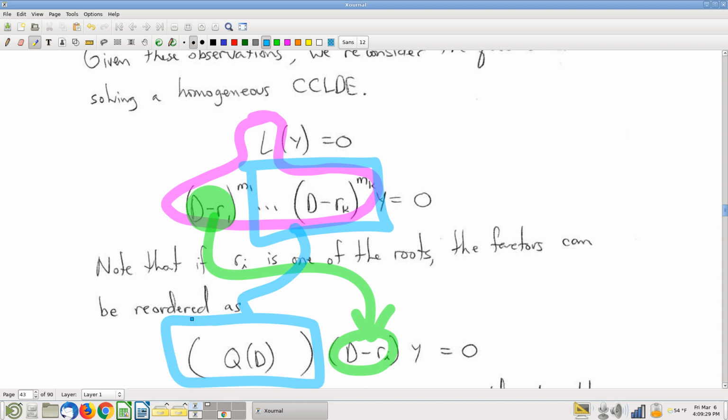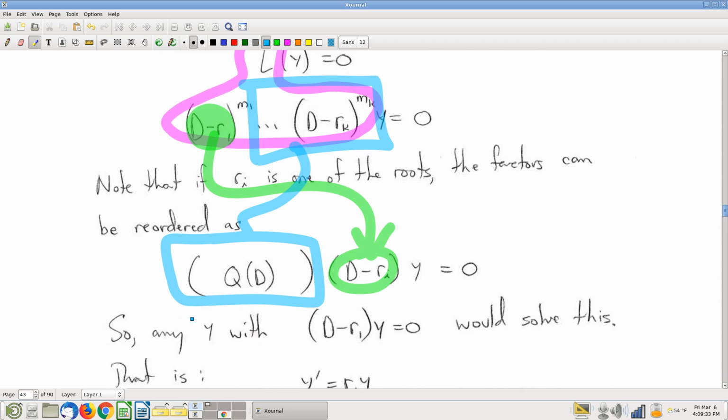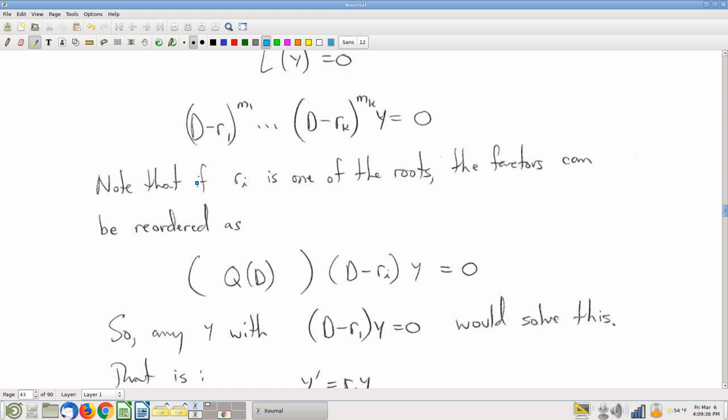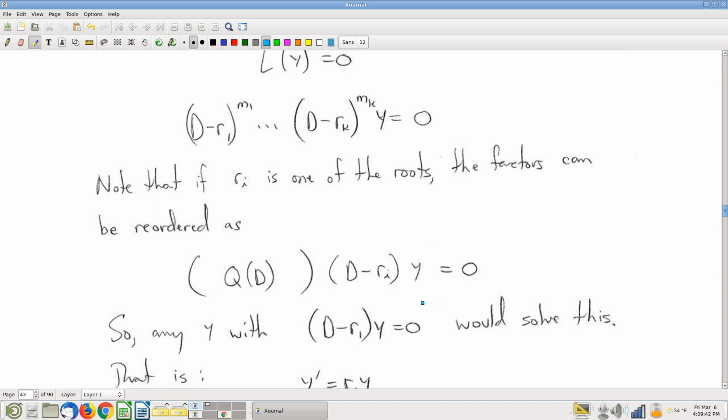Now, having done that, I argue cleverly as follows. If I want to make this whole thing equal to 0, here's an easy way to do it. A clever, easy way to make this whole thing 0 would be to make this 0. If that's 0, then what does this linear transformation do to 0? Well, it would give me 0, of course.